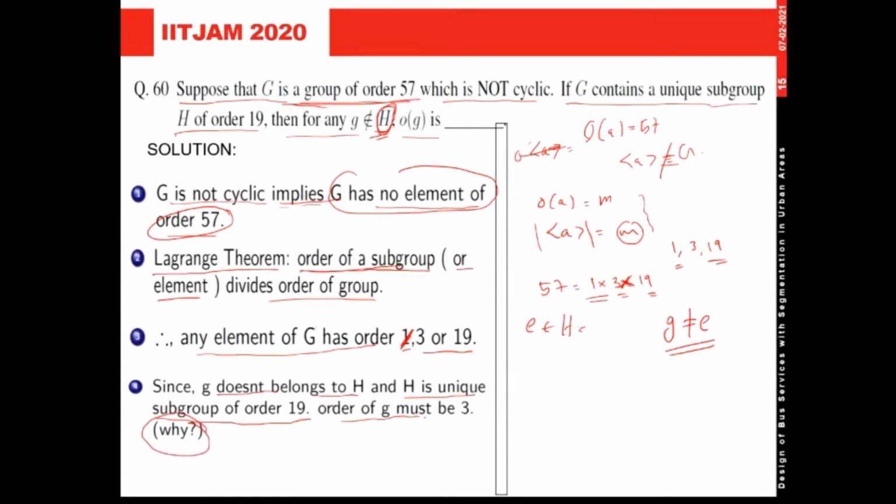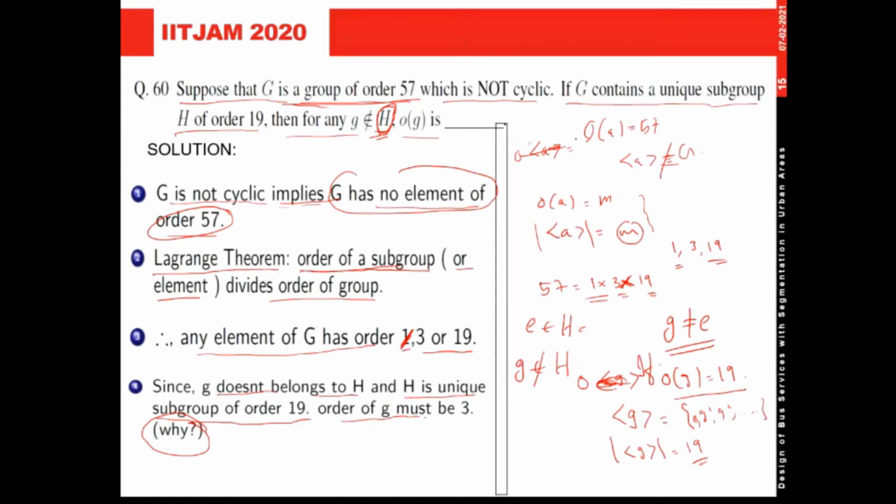Because if g does not belong to H and the order of g is equal to 19, then the cyclic group generated by g, consisting of e, g, and so on, must have order 19, and this is not H because g is not in H.